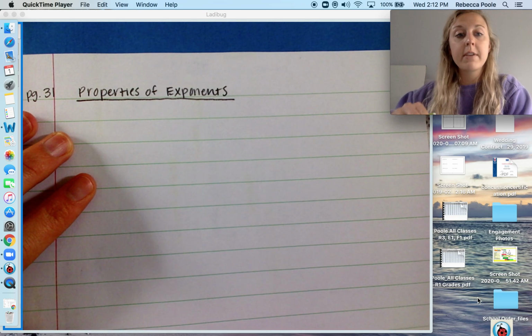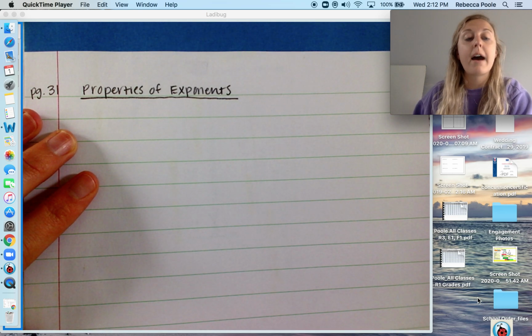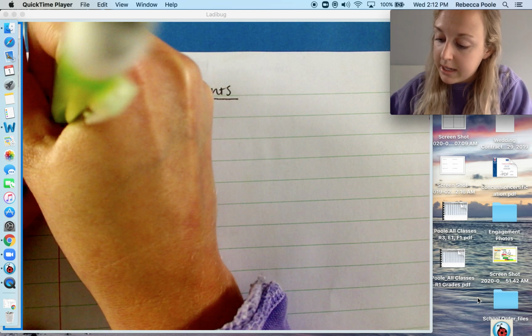So before we even can start with properties of exponents, we have to make sure we remember what an exponent is.